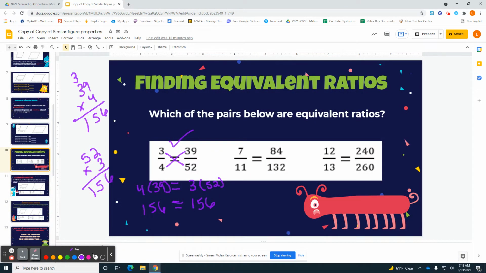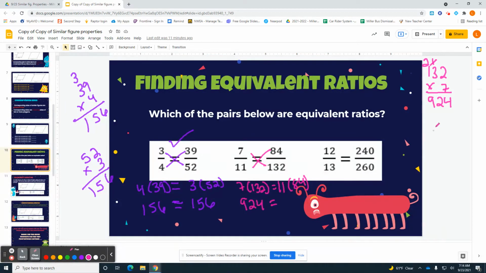So then you would check the next one. So again, we're going to find our cross products. So we're going to have 7 times 132 is equal to 11 times 84. All right, so let's try that. So 132 times 7. What does that give us? So 7 times 2, 14. Carry your 1. 7 times 3, 21, right? Plus 1, 22. And then 7 times 1 is 7 plus 2, 9. So this gave us 924.